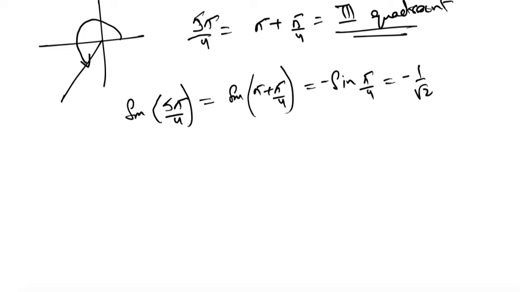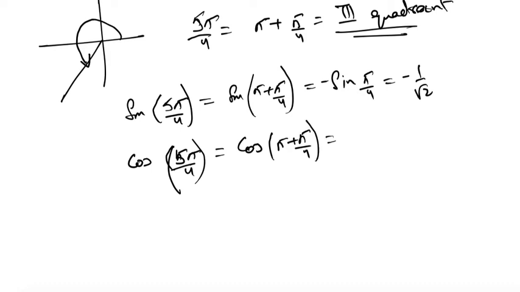Now next is cos 5 pi by 4, equal to cos pi plus pi by 4, which is equal to minus cos pi by 4, and this will be minus 1 by root 2.